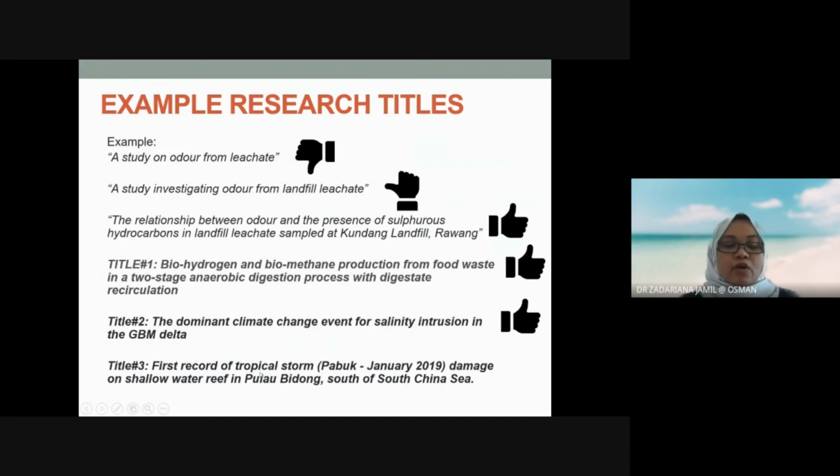It is actually reporting the damage on the shallow water reef in Pulau Bidong. So they want to do research on the damage on the shallow water reef in Pulau Bidong, which is the location of the study. So this is also a good research title.